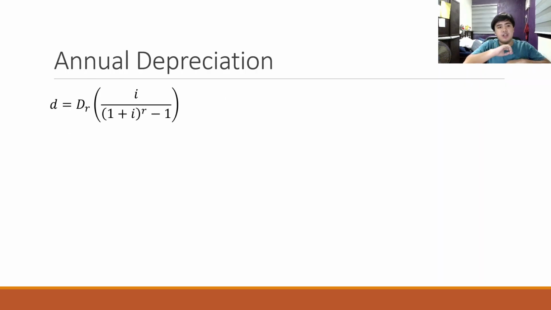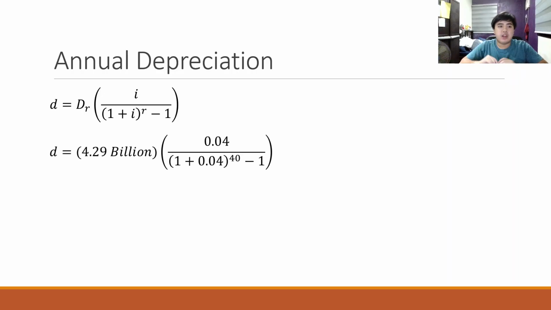For the annual depreciation, we need small d, and this is the formula. Small d, annual depreciation, equals big D_R, which is the total depreciation at time R, times the uniform series sinking fund factor, which is that. Now let's just put in everything that is required here.